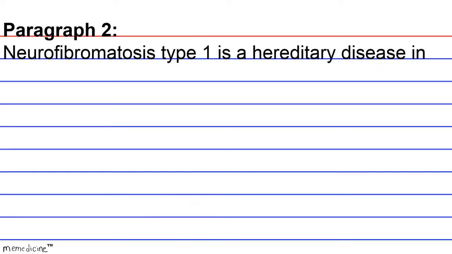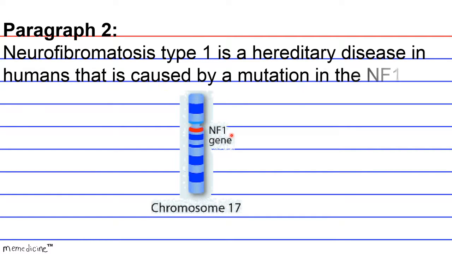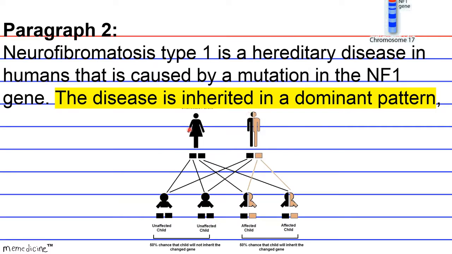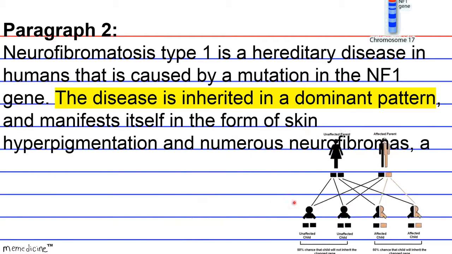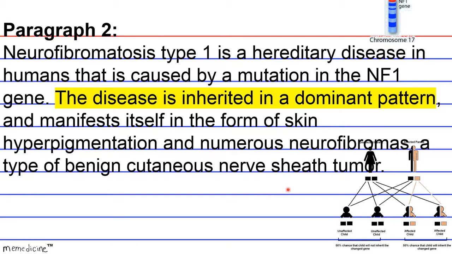Paragraph 2. Neurofibromatosis type 1 is a hereditary disease in humans that is caused by a mutation in the NF1 gene. The disease is inherited in a dominant pattern, and manifests itself in the form of skin hyperpigmentation and numerous neurofibromas, a type of benign cutaneous nerve sheath tumor.